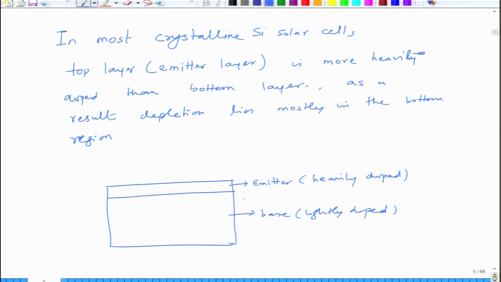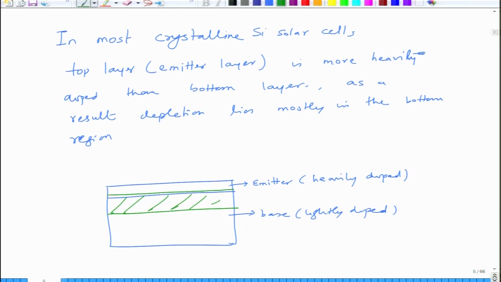So the depletion region extends up to a large distance here, but up to a very tiny distance in this region. So most of the depletion region lies in the base layer rather than in the top layer, and the emitter layer is also very thin, and we will discuss the reasons later, why it is in this fashion in solar cells, when we come to crystalline silicon solar cells.